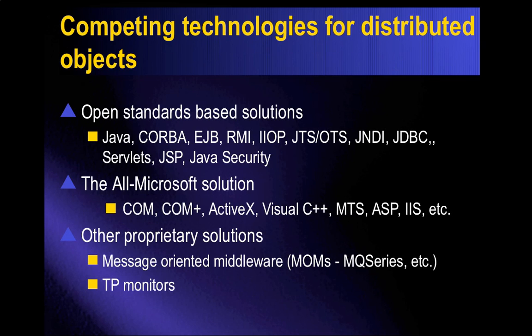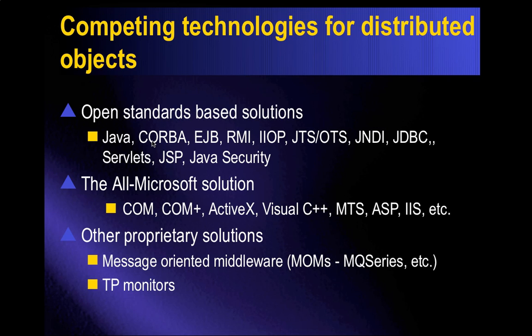Competing technologies for distributed objects. This is where we start looking at it. So open standard based solutions: all of these fall into the same category. However, they all do different things. Java does a very similar kind of middleware thing with the JVM on a standalone computer.